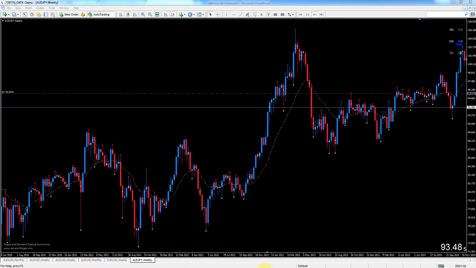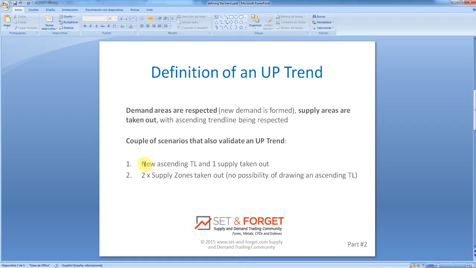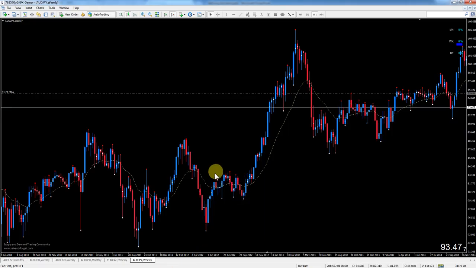Then we've got this scenario where a new ascending trend line and one supply is taken out. We also need to remove the opposing area, as it is explained over here. So for example, this is an example over here. We've got a descending trend line over here, connecting the latest two peaks, and then price dropped.